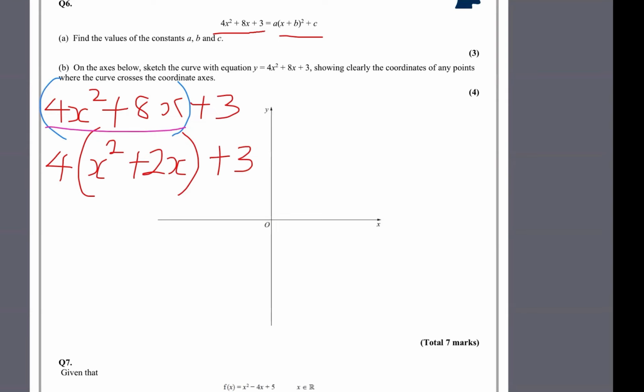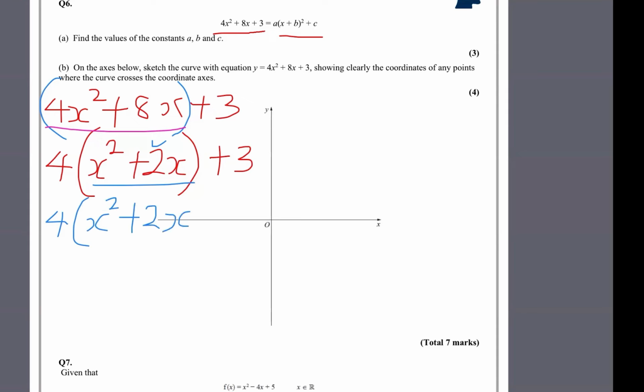So if we attempt to complete the square in the brackets, the step for completing the square is to take half of the coefficient of x. And in this case, the coefficient of x is 2. So half of 2 is 1. So we have 4 into bracket x squared plus 2x.